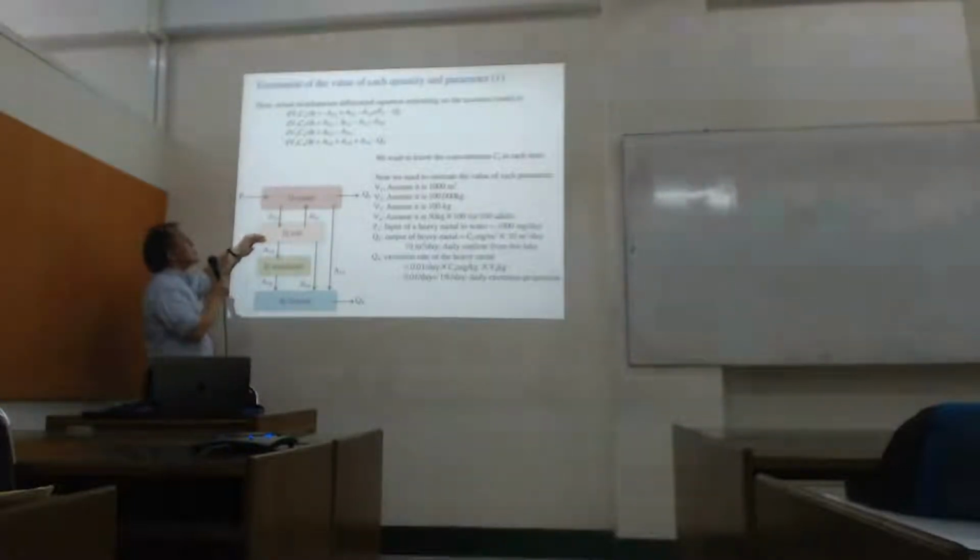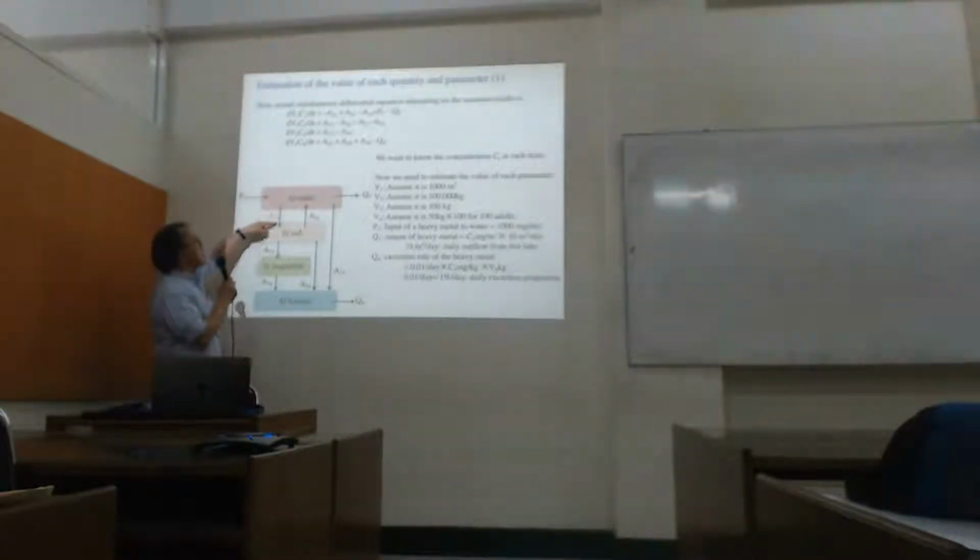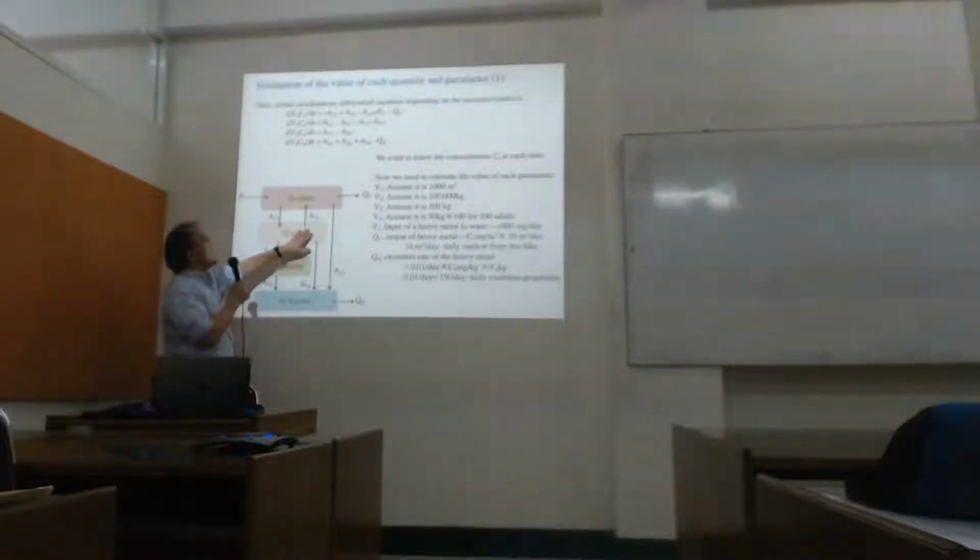The second equation is for the compartment of soil. So the total amount of pollutant in soil: in unit time, pollutant comes from water to soil at the rate of A12, but goes back to water at the rate of A21.